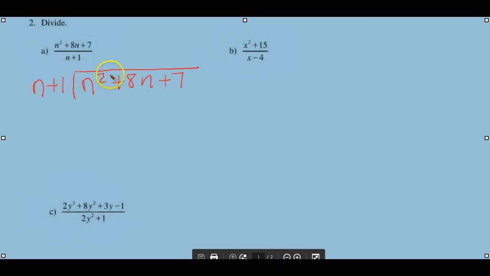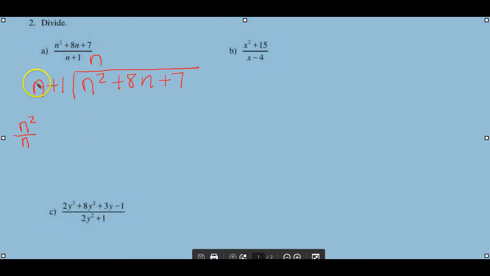So, we now want to divide the n into this n to the second. And see what we put up here is how many times. Well, a resource might be take your n squared and divide it by n. Now when you do this division, you end up with n, and that's what you put up there.